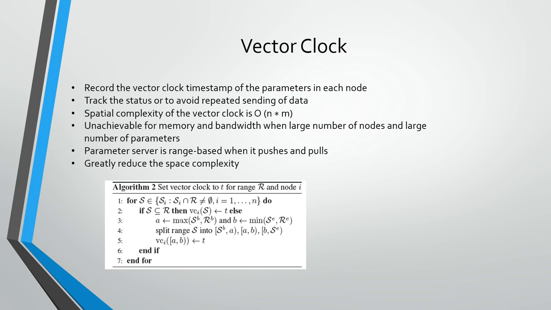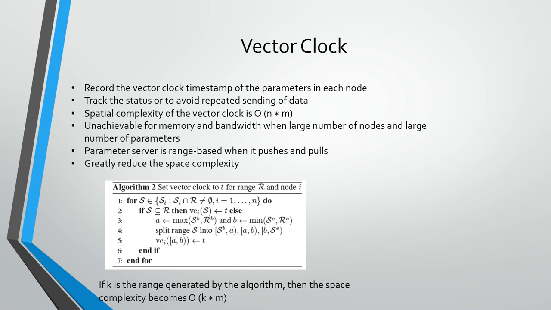Each time, a range is extracted from 3 new vector clocks, generally in 3 devices. Assume that k is the range generated by the algorithm. Then the space complexity becomes k times m, and because k is much smaller than the number of parameters, the space complexity is greatly reduced.